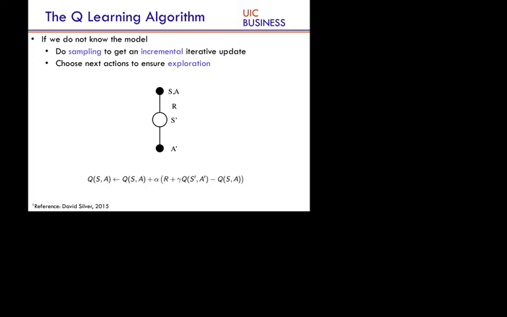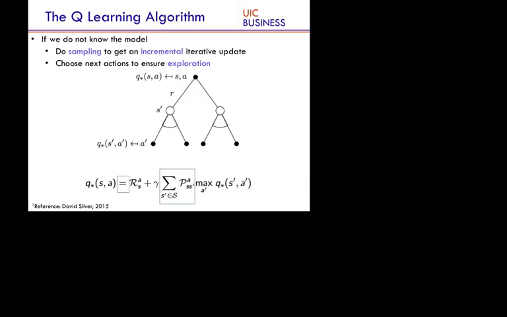And from S prime, I can take action A prime. That's just represented by this one thread. If you remember the previous slide, there we had many threads. Sampling is just saying you follow one thread. Essentially, that's what the next diagram is.